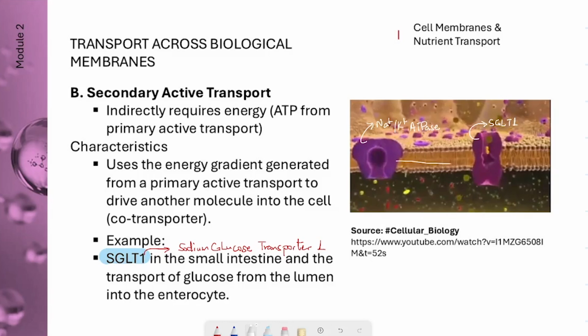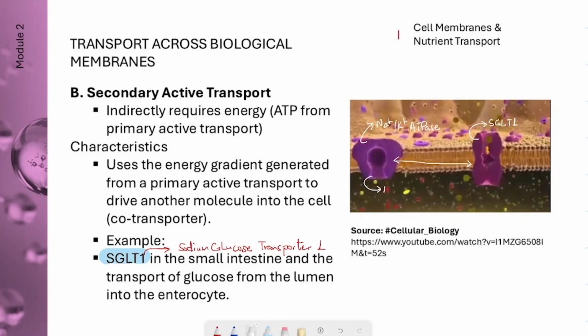So in practice, in reality, the two of them work together. So you have to see them working together within the membrane. As you can see within the membrane, they're side by side in that sense.